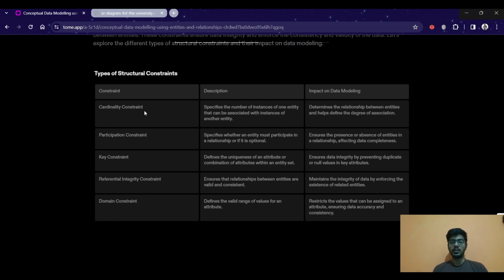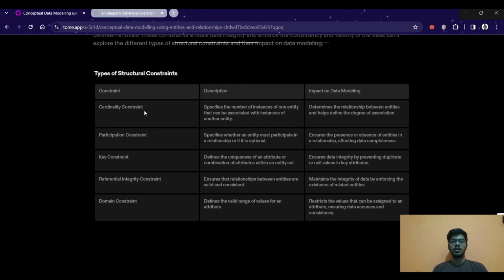They ensure data integrity by preventing duplicate or null values in key attributes. Referential integrity constraints. A referential integrity constraint ensures that relationships between entities are valid and consistent, and maintains the integrity of data by enforcing the existence of related entities.